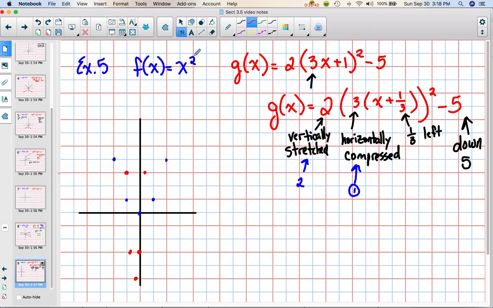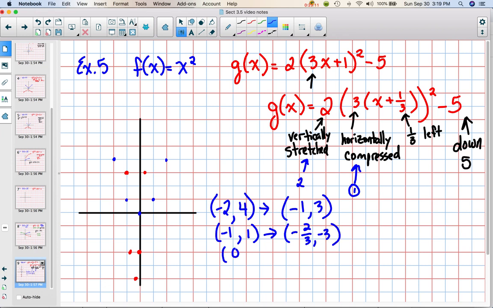And now if I graph this, I'm going to be just bad at graphing this, so I'm going to write it this way. The point -2, 4 went to the point -1, 3. The point -1, 1 went to the point -2/3, -3.